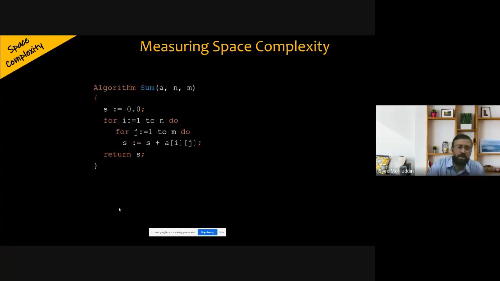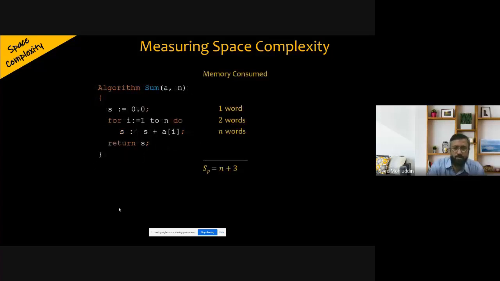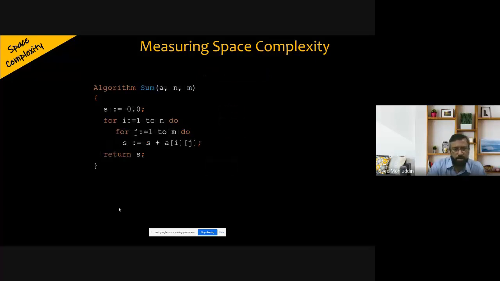Now let us look at another sum. The earlier sum computed the sum of the elements of an array. This is also a sum of elements, but the elements are not in an array, it is a matrix. So here we are trying to compute the sum of the elements stored in a matrix.